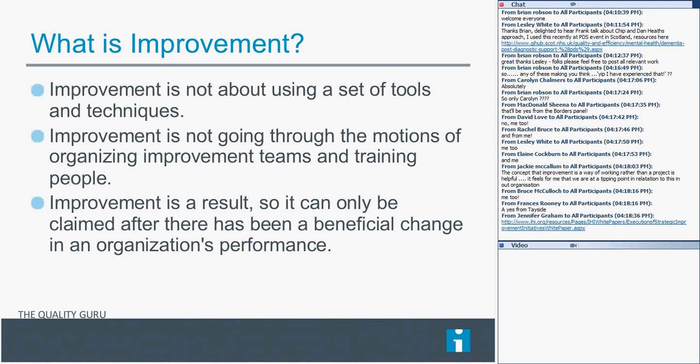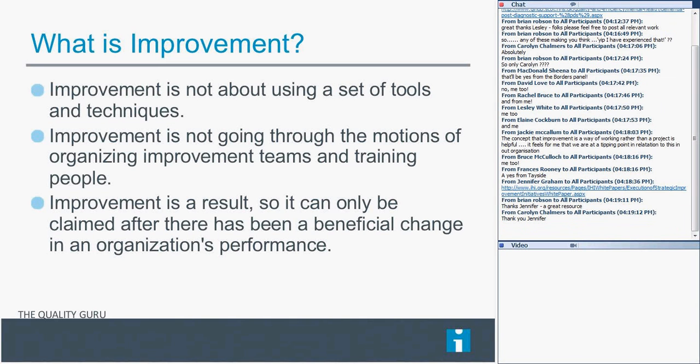Many times people think of improvement as we're using Lean, or we're using Six Sigma, or we're using the model for improvement. In fact, improvement is not about using a set of tools. Maureen Bisognano, our Chief Executive Officer, and Tom Nolan from Associates in Process Improvement a few years ago did a survey of hospitals to determine what were some of the successful characteristics of hospitals that went year on year with reducing mortality and reducing harm.